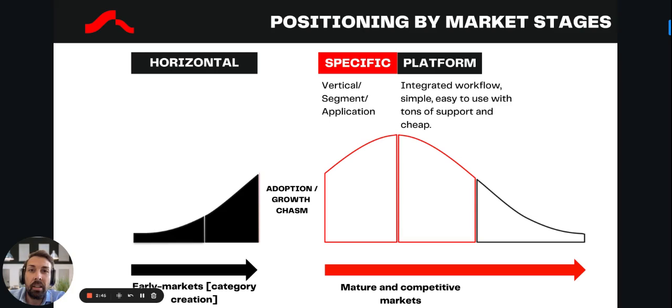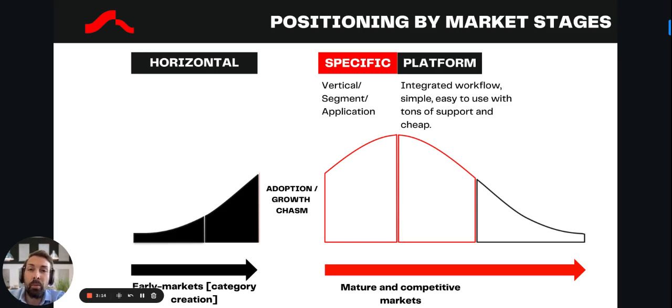They don't need that deep understanding because they translate your technology and product messages into benefits, right? So they are specialists, most of them, and they translate what you provide in terms of technology and product into an advantage for them. So that's in an early market, those first adopters, innovators, and early adopters. That's why you can go horizontal.